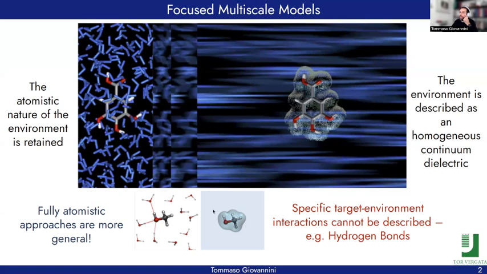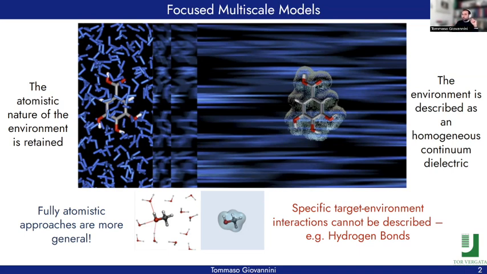But of course, you don't have any atoms in the environment, so specific target environment interactions cannot be described. For instance, if you have hydrogen bonding patterns between the target and the environment, this cannot be described by continuum approaches. On the other hand, if you take a fully atomistic perspective, then of course this is much more general. You can describe in principle also the target environment interaction, and generally this should be preferred.